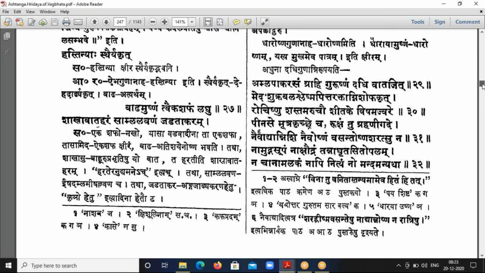Na cha amalakam, or you mix some amount of amalaka. Na vi nityam, even if you take all these precautions, still it should not be used daily. No mandam, mandam dadhi should not be used in any case.